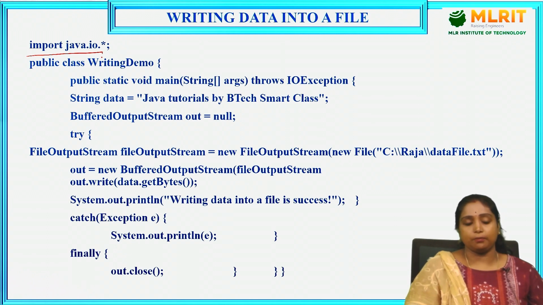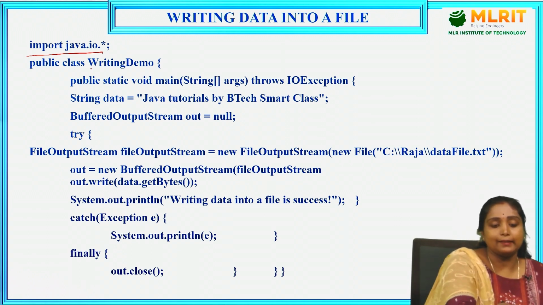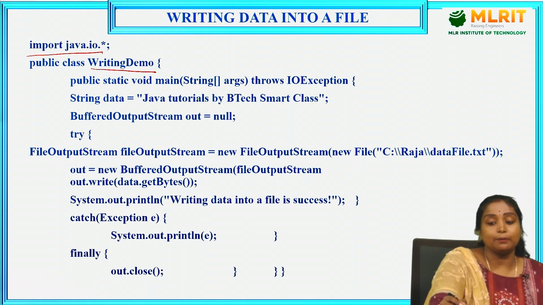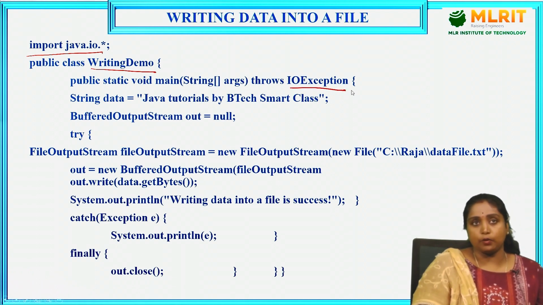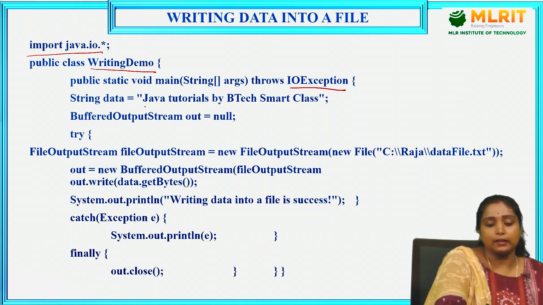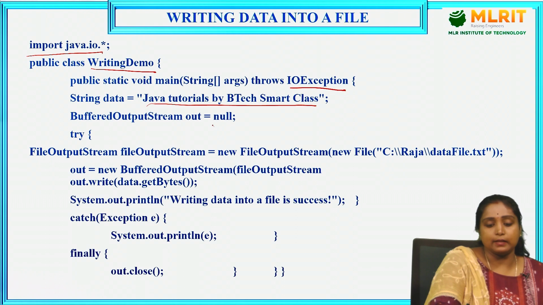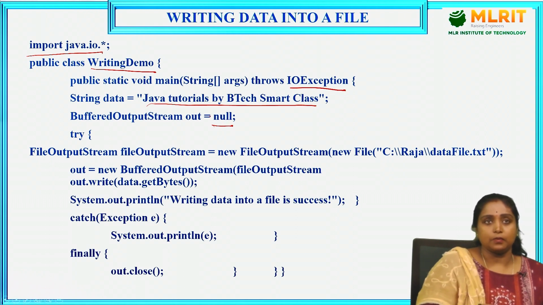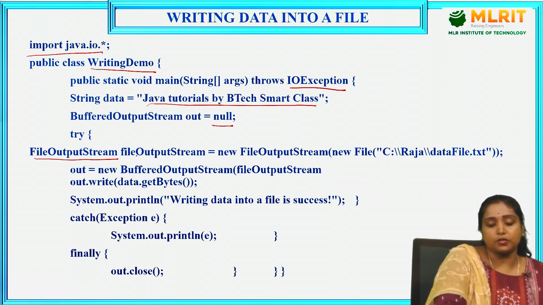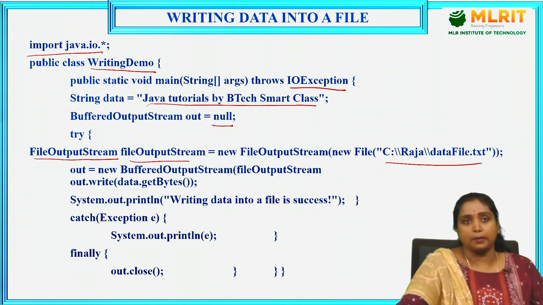Public class writing demo is my class name, and it might throw an IO exception, so I'm throwing IO exceptions. Here the data is Java tutorials. I have created a file output stream and given the path.